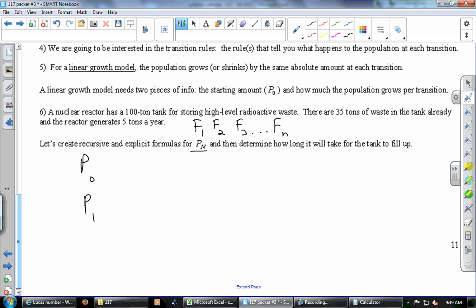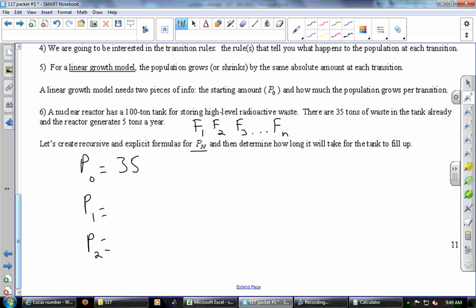So here's what we're going to do. We're going to list how much stuff is in the tank for these first few years. P sub 0 represents how much stuff is in the tank initially at time 0 when we start this experiment. So how much stuff is in this tank initially? It's 35 tons. See that? There are 35 tons in the tank already at this moment when we stop the clock.